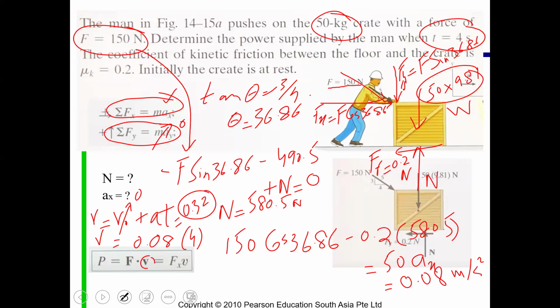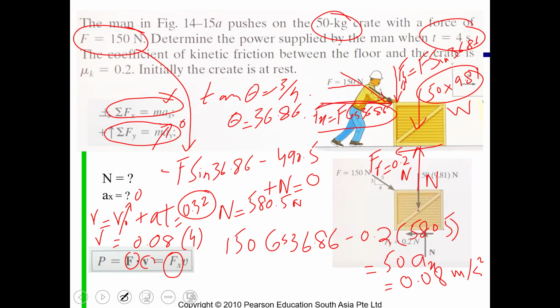Now you have the force and the velocity, but remember that the force is at an inclination angle. You need to use the force in the direction of motion, so you will use only the x component of force, which is F times cos.